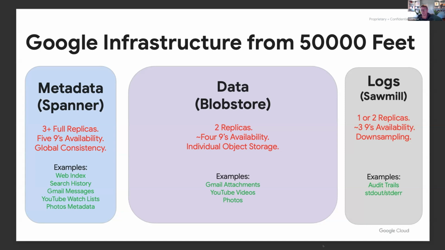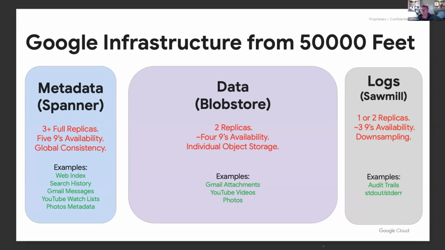Now, as you're kind of alluding to, not everything is stored in Spanner. And in fact, in terms of data volume, Blob Store is far, far bigger. Blob Store is where we store Gmail attachments, YouTube videos, photos. I'm actually not totally sure which things in Drive are stored in Blob Store.